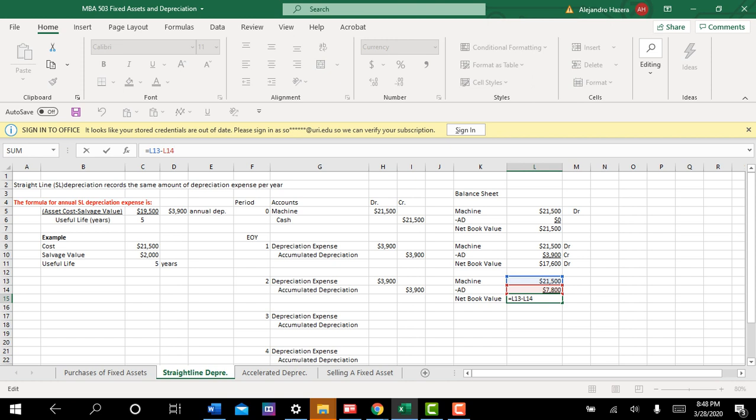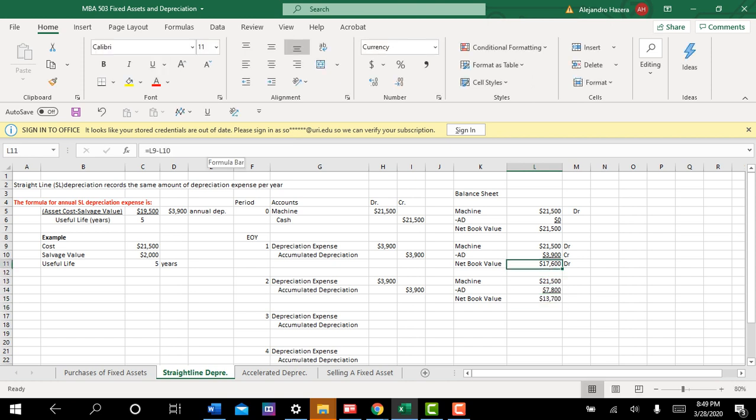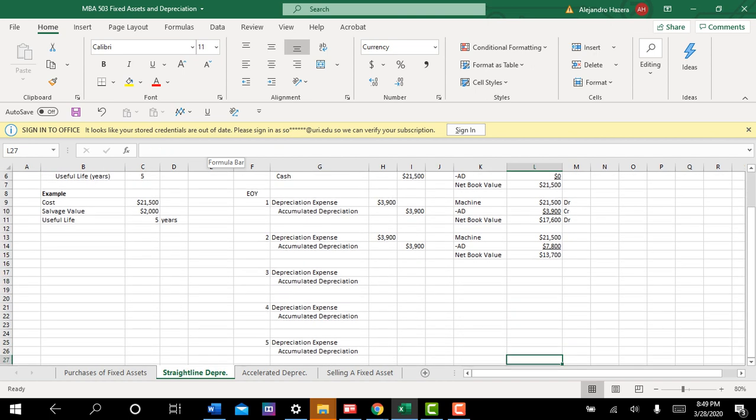Your machine never changes, $21,500, but your accumulated depreciation increases, so your net book value goes down from $21,500 to $17,600 to $13,700. And the pattern is going to repeat itself. We'll do the same thing for 3 more years. I should have just used a 3-year example, but we'll do the same thing for 3 more years because there is an important rule at the end.